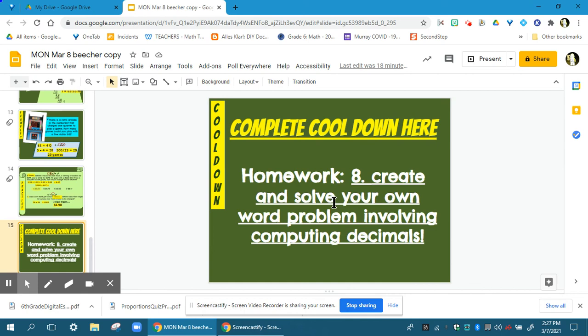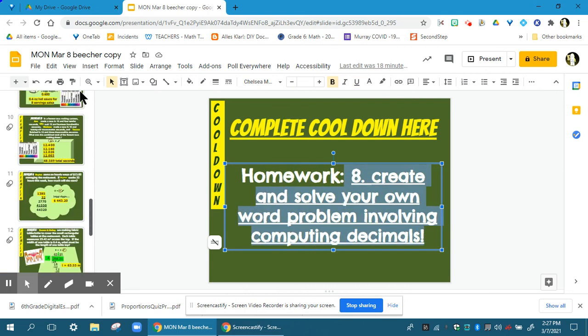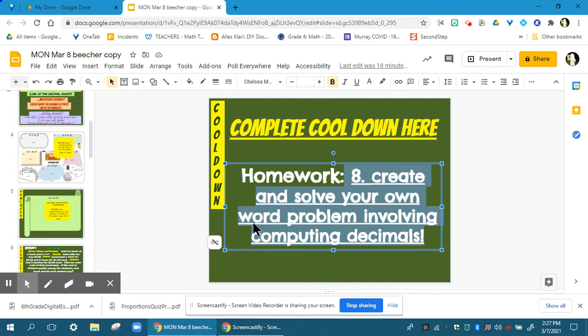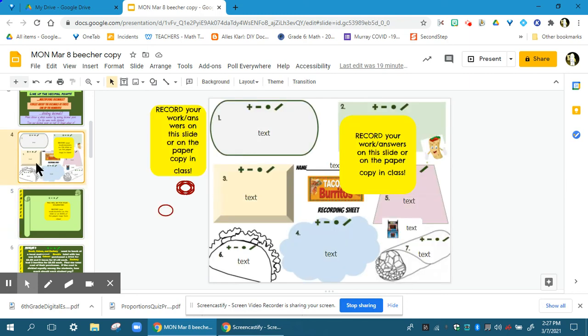And for homework, I want you to create your own taco burrito word problem involving decimals and computation. I also want you to solve it. And you are going to put it either on this slide right here, or if you have a paper copy, then you can write that on the back.